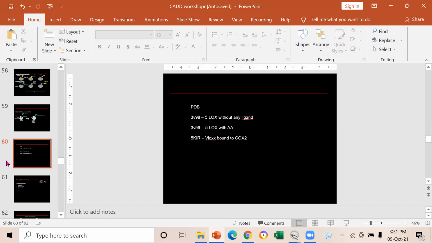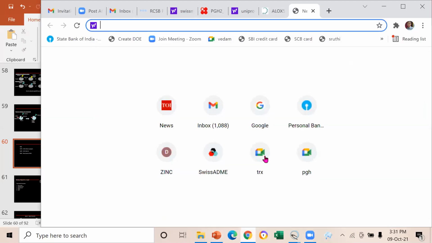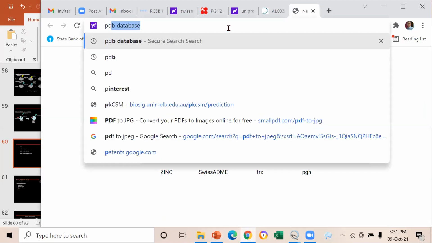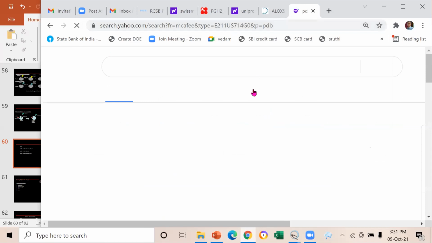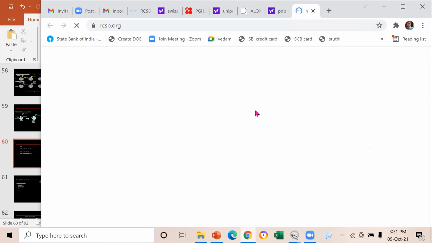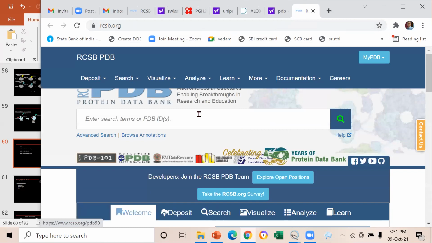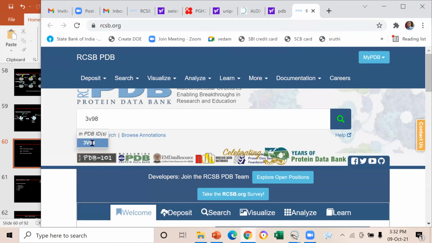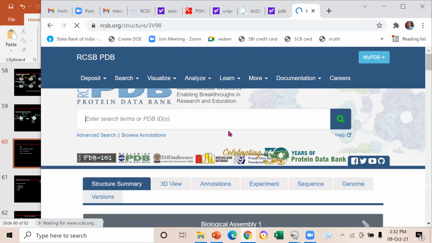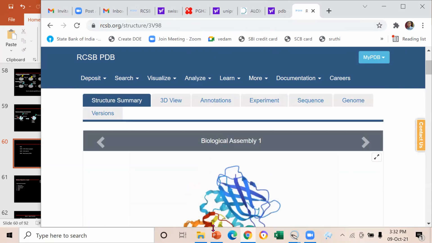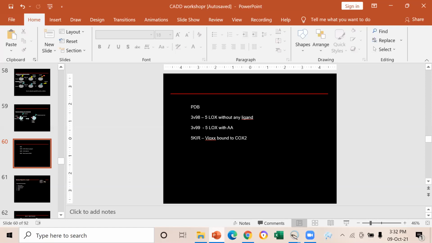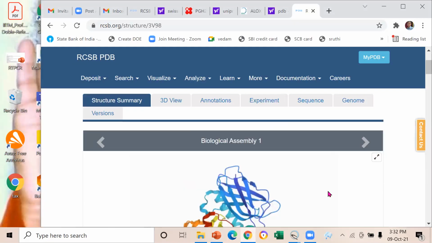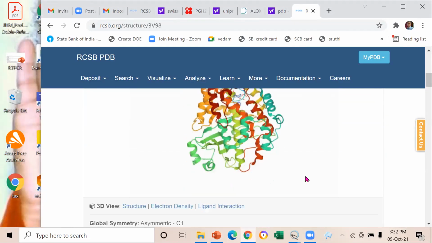For example, enter 3V98 in the Protein Data Bank. What is that? 3V98 is a 5-lipoxygenase, which is involved in the leukotriene pathway for asthma. So the structure is there.